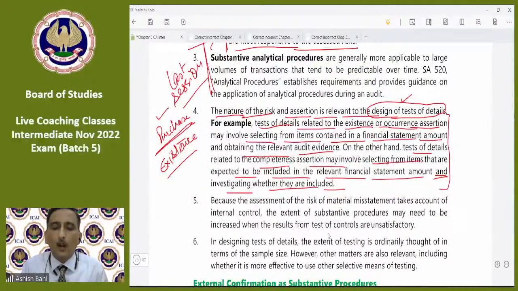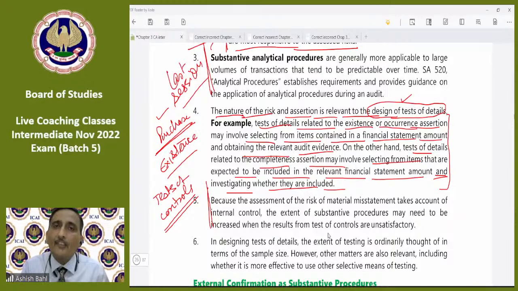So this point number 5, I have already made clear to you. If the tests of controls are satisfactory, then he does not want to go into detailed checking of his substantive procedures.